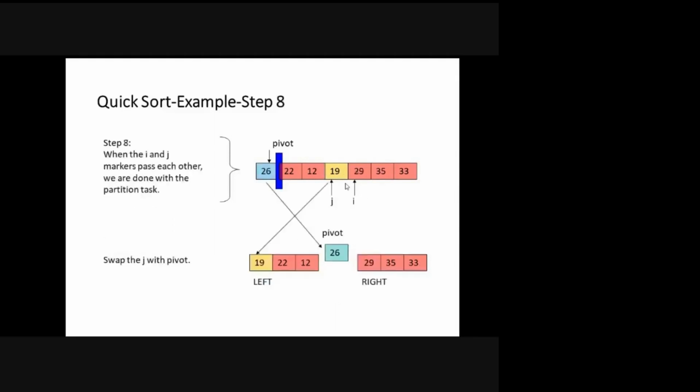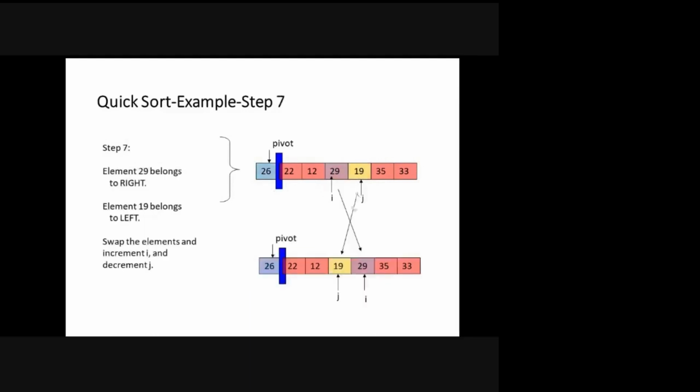And finally, what you have to do is, see very carefully, i is at 29 and j is at 19. Now both get swapped.